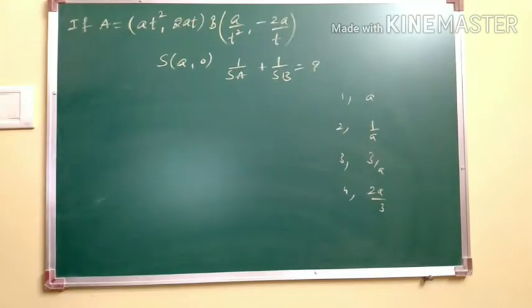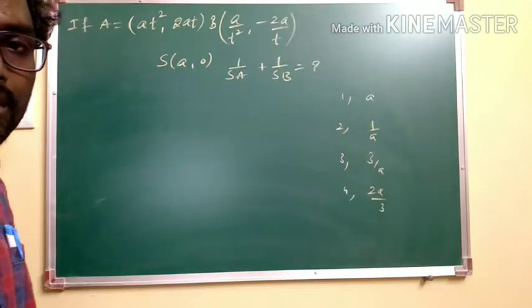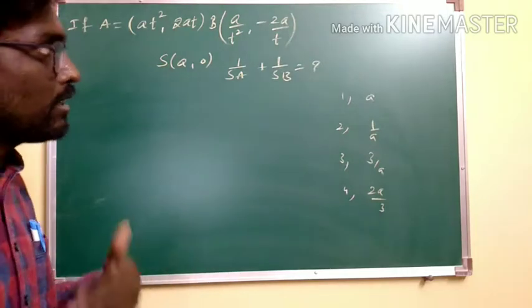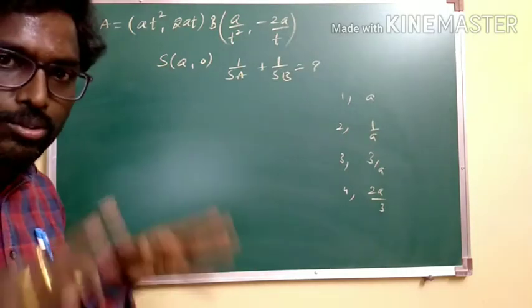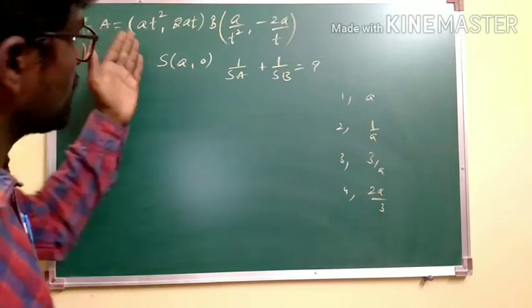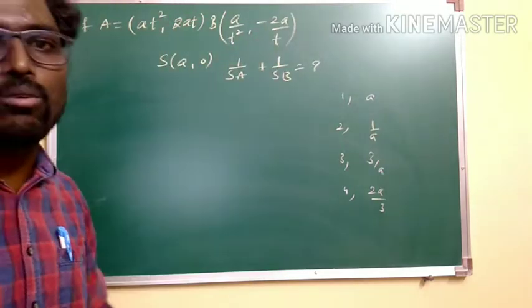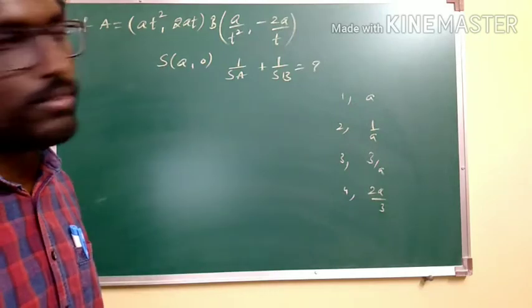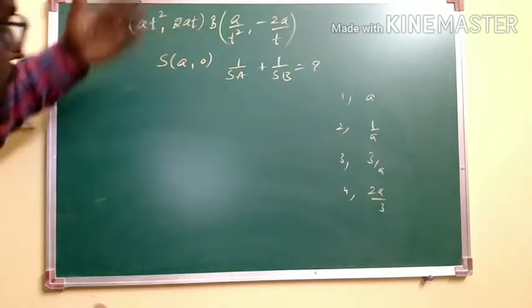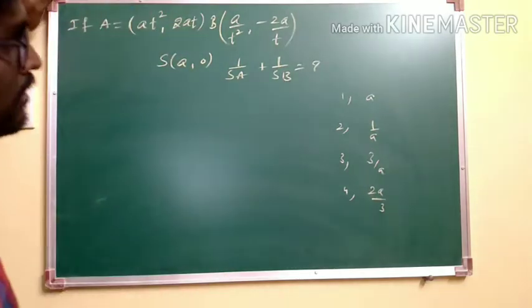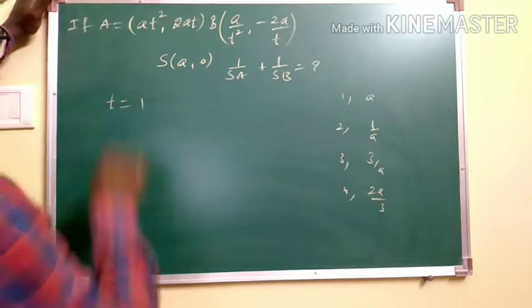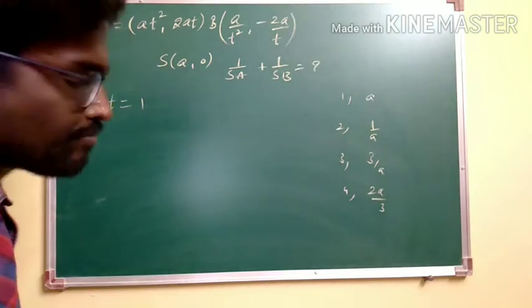Whenever you have the parameter t, you can put some value of t for better calculation, so that you can get the solution easily. You will get the same result even by taking t as usual, but the calculation goes very lengthy and complex. So reduce those coordinates into the simplest format by assuming some value of t. Here for my convenience I am taking t equal to 1.